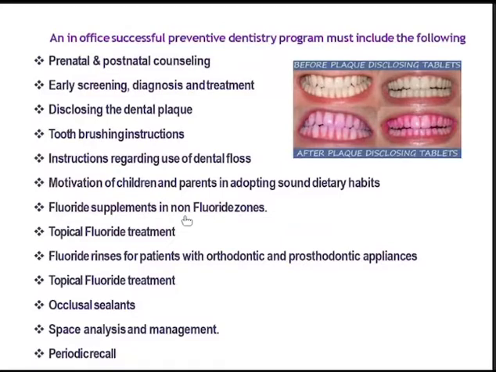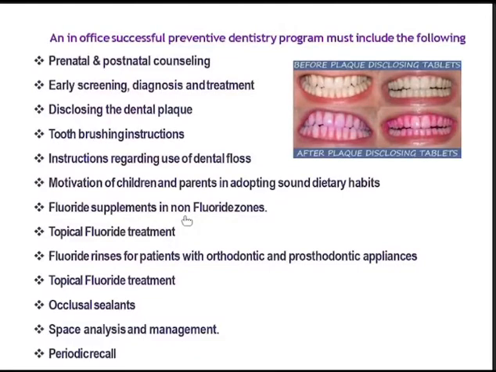Topical fluorides protect the tooth from caries. It is very effective when the tooth is recently erupted, so it is more efficient to prevent caries, especially in children. You can use fluoride rinses. Apart from that, occlusal sealants, pit and fissure sealants, for protecting the molars and premolars from caries.